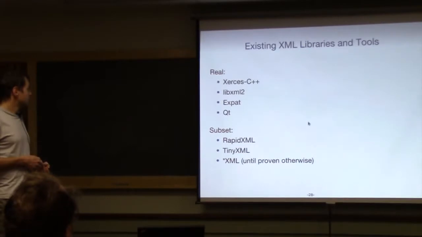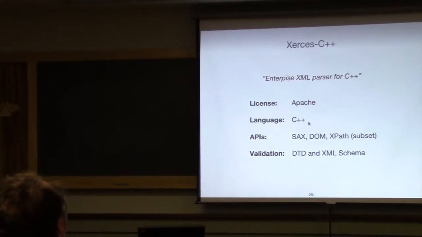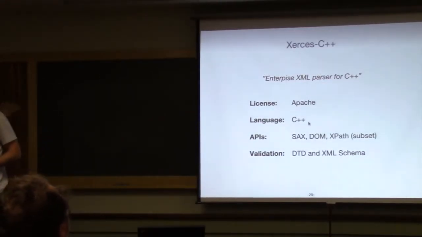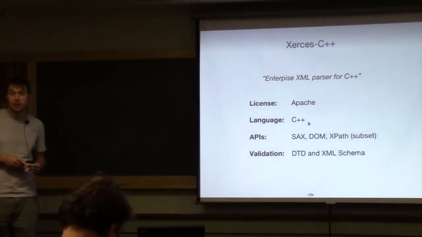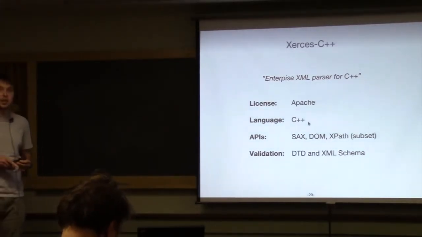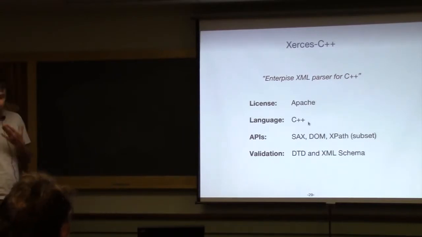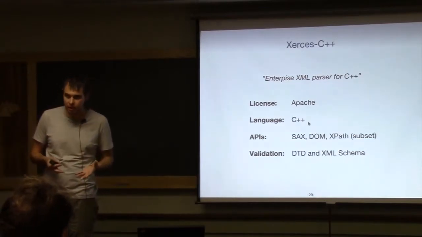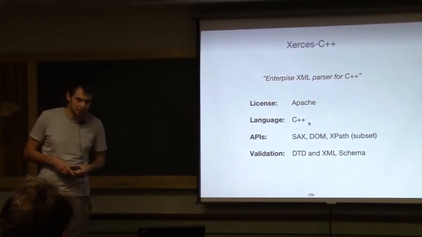Okay, so let's start with Xerces. This is going to be fun. Xerces is an Apache project. What I'm going to say next about it might sound harsh, but in my defense, I've been a developer or more like a maintainer for a number of years now, and I was largely responsible for whipping the last two releases into shape. If I have to sum up the Xerces philosophy, it would be, let's build an enterprise-grade XML parser for C++.